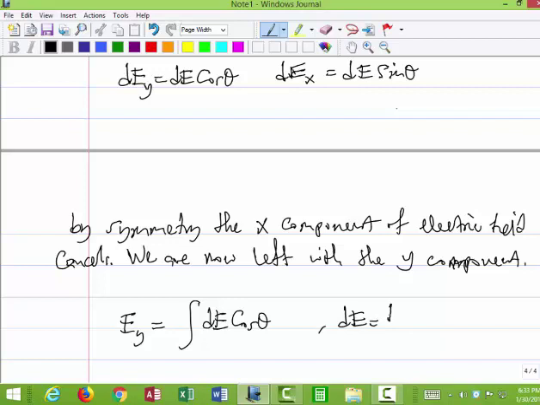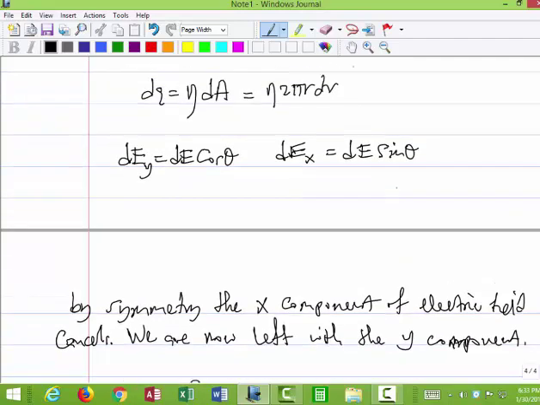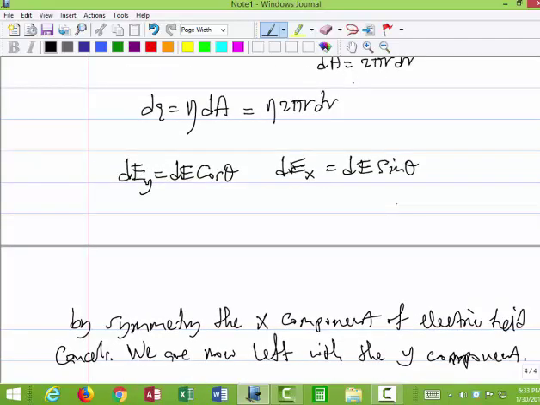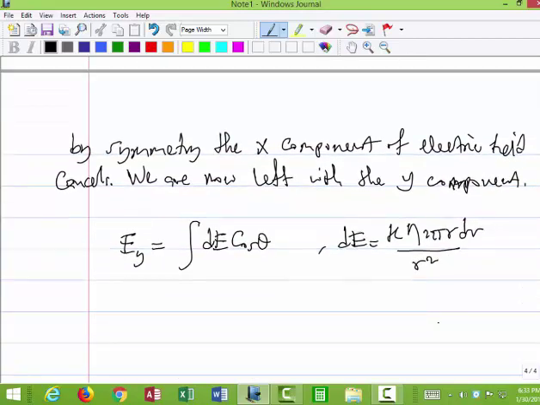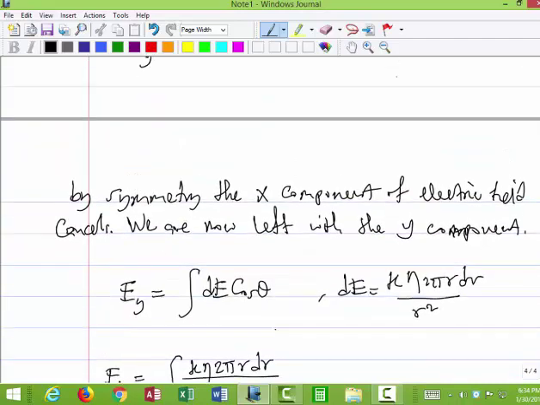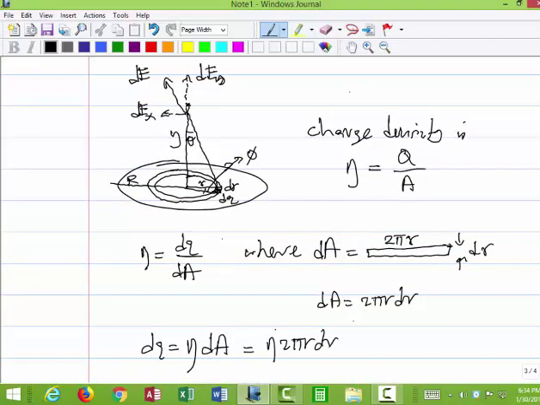where dE can be written as k dq over r squared, and dq is eta 2 pi r dr. So we'll put that in and then do cosine theta. So we have k eta 2 pi r dr divided by r squared, where r squared is again going to be given by y squared plus r squared.